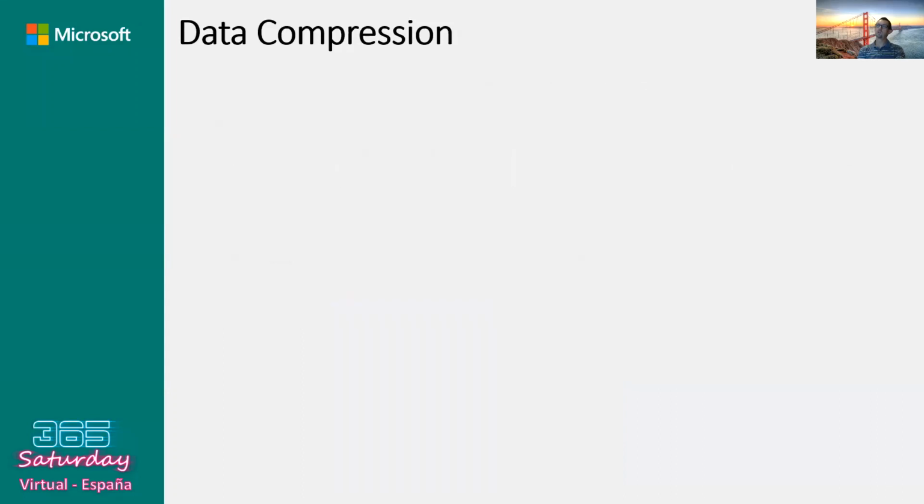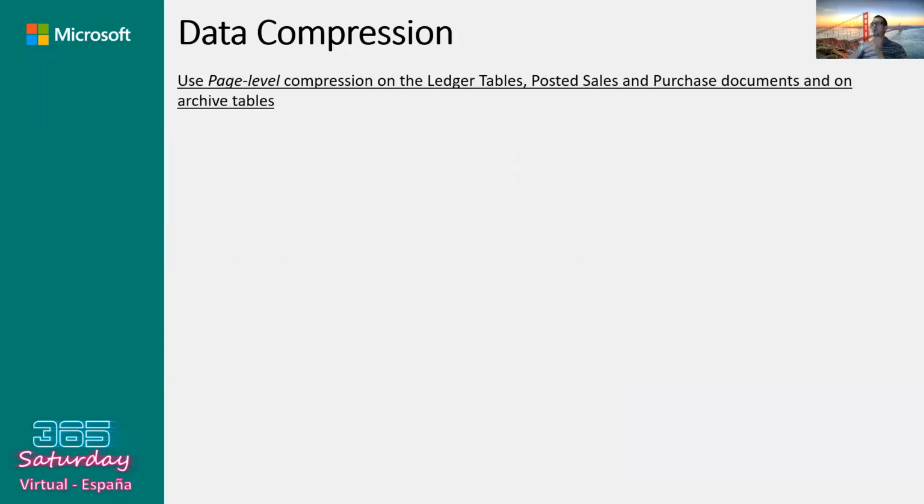The classical question is: do I have to use page level compression or row level compression? Normally, my suggestion is to use page level compression on tables like ledger tables, posted sales and purchase documents, and on archive tables, because it's much more performant and much more used.